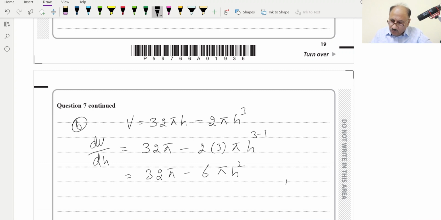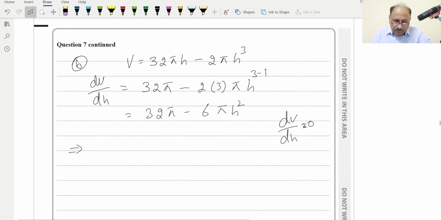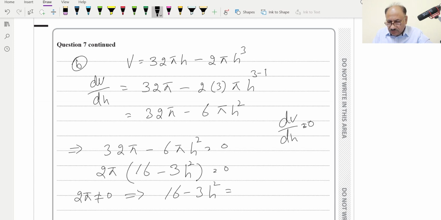Now we know that dV over dh will be equal to 0 for the stationary point. So this implies 32 pi minus 6 pi h squared is equal to 0, and from here we can take 2 pi common, and inside will be 16 minus 3h squared is equal to 0, and 2 pi is not equal to 0. This implies 16 minus 3h squared is equal to 0.